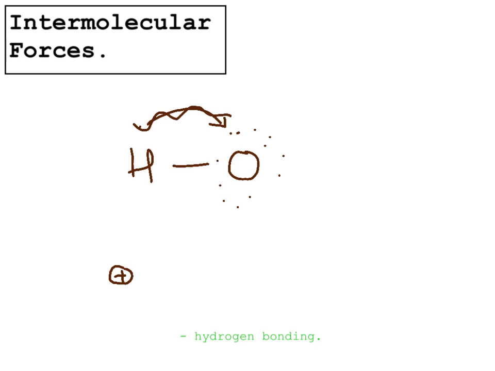Now this positive charge will attract to negative charges, but in compounds that have hydrogen bonding within them, this positive charge is attracted towards lone pairs on the other atom. So for example, in water, you've got lone pairs on oxygen.